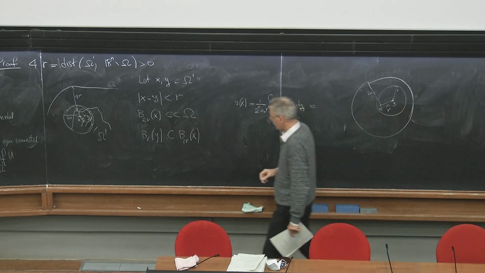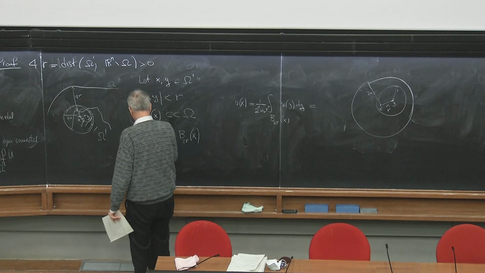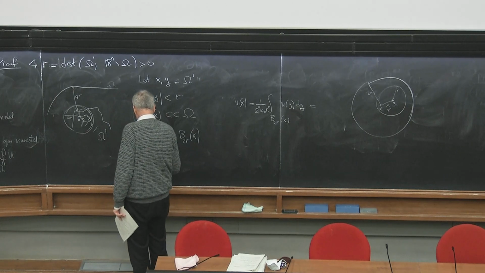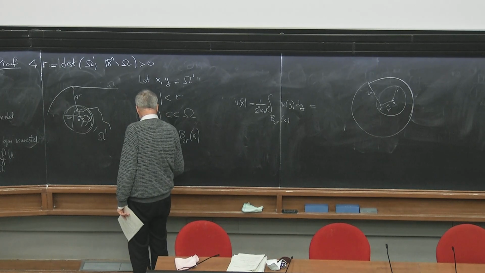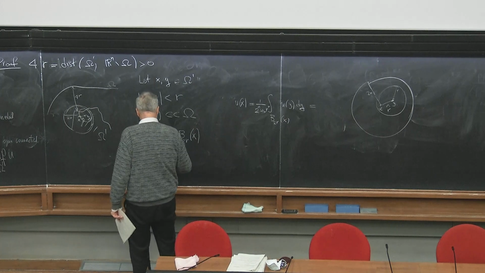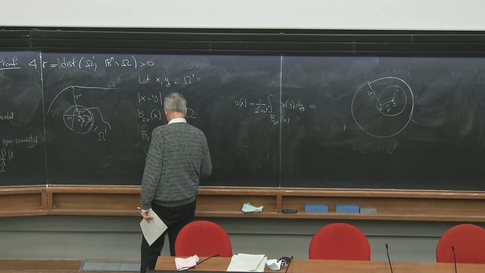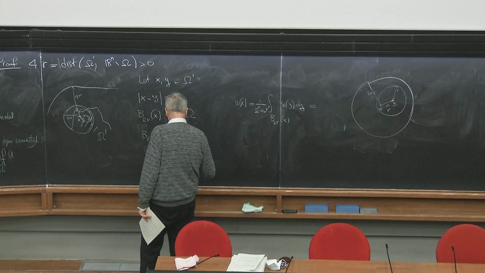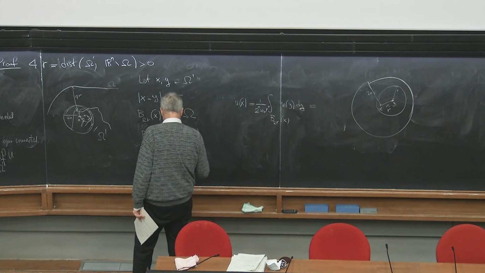Why am I using this? Because I say that the integral over B_{2r}(x) of u is always larger or equal than the integral over B_r(y) of u. Is this clear?